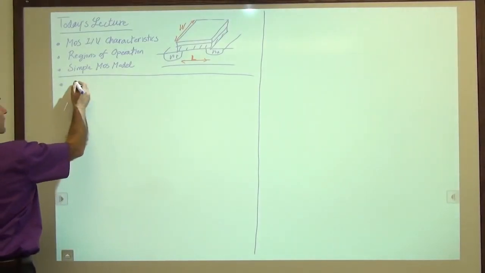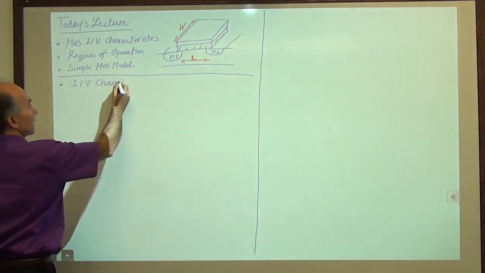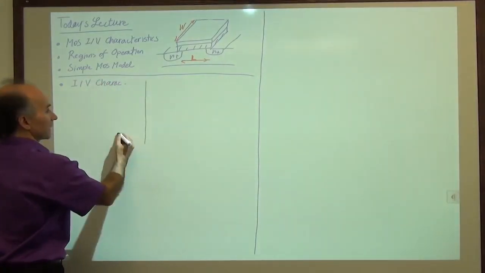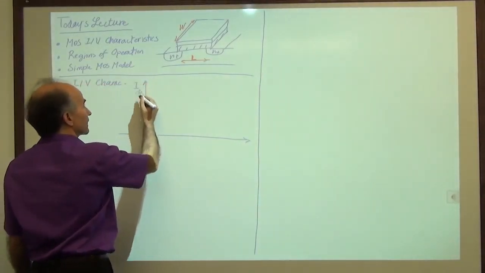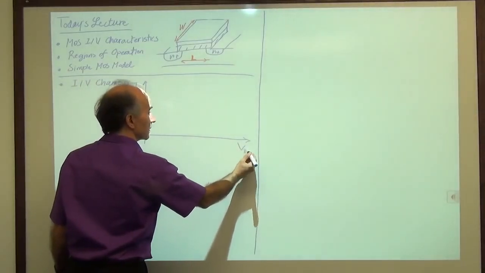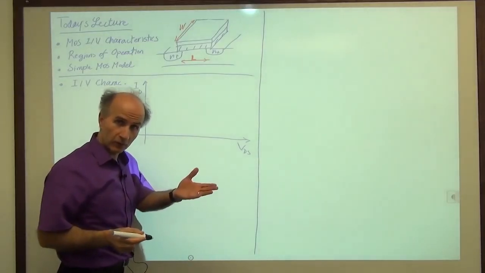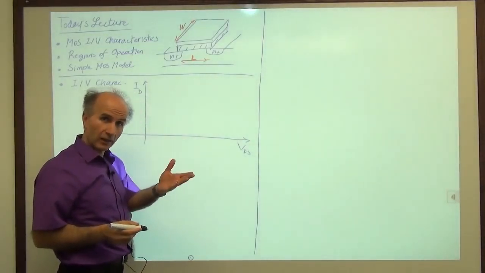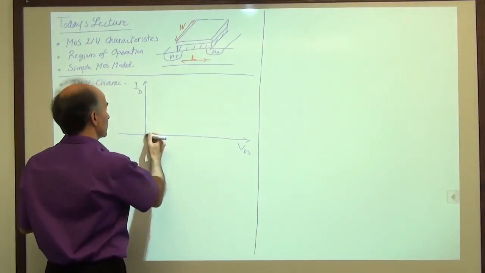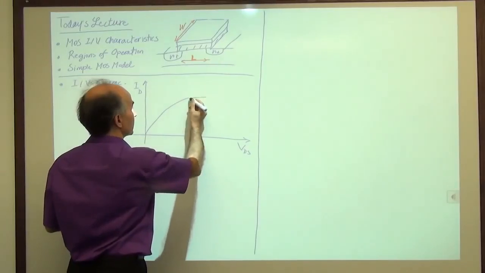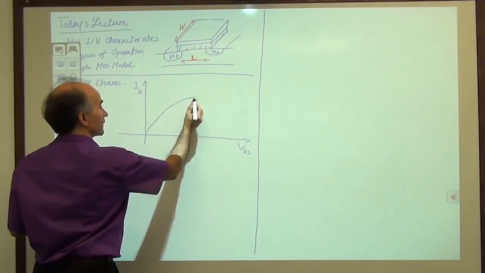So we saw that the IV characteristics that we derived last time looked like this. We have ID as a function of VDS with a constant VGS. And of course, VGS is greater than one threshold to make sure that the device is turned on, meaning that it has a channel underneath the oxide. So we go up and reach a maximum right here.